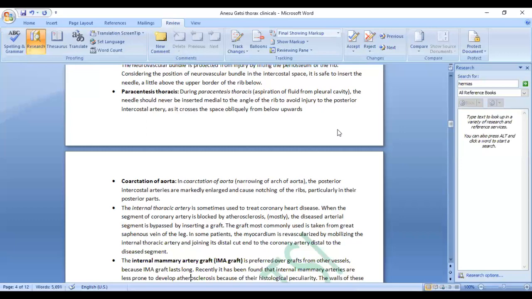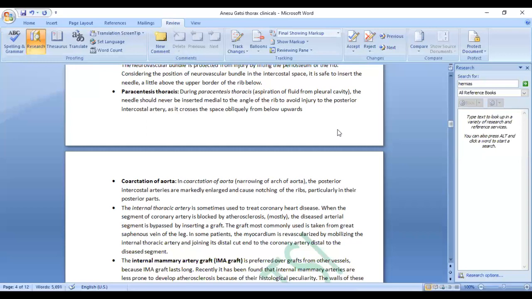Then the internal thoracic artery that I alluded to as being a branch of the first part of the subclavian artery, and also giving those anterior intercostal arteries of the first 6 spaces before it divides into the superior epigastric and the musculophrenic artery, may be used to treat coronary heart disease. So when you have atherosclerosis, that is a blockage within the coronary artery, the diseased arterial segment is usually bypassed by inserting a graft.